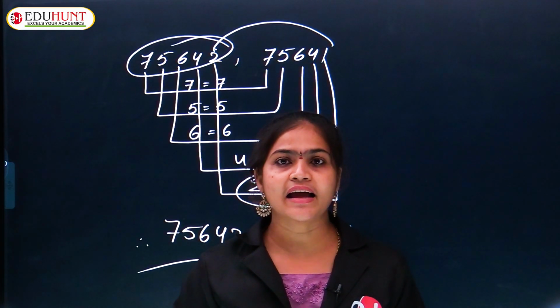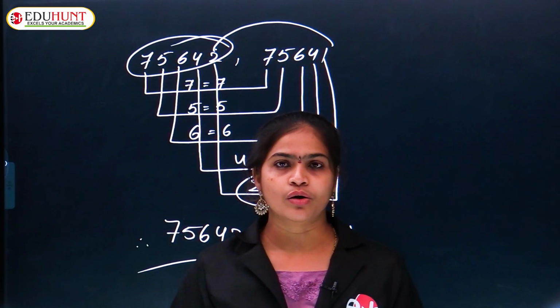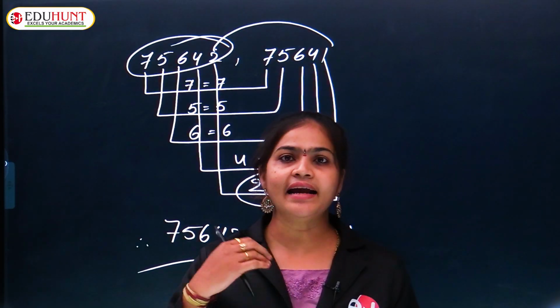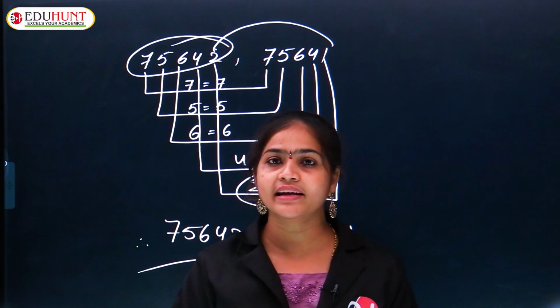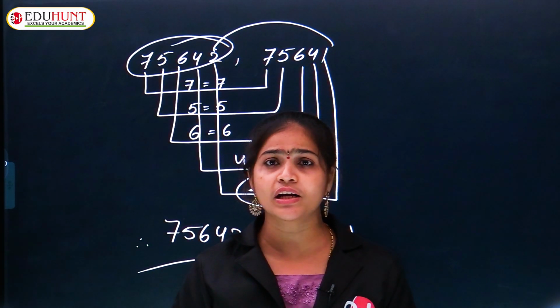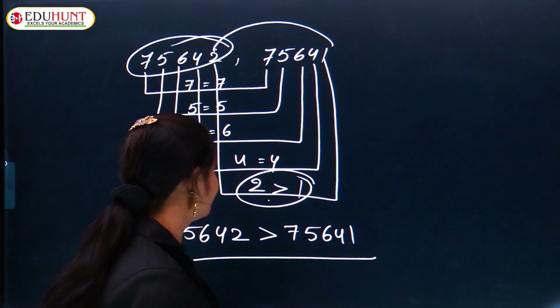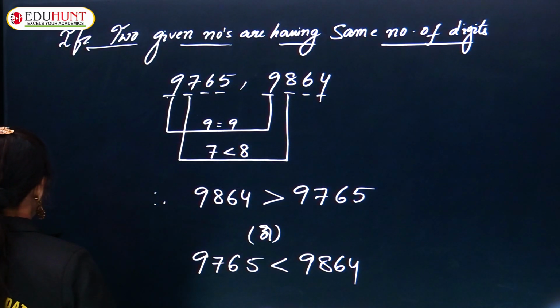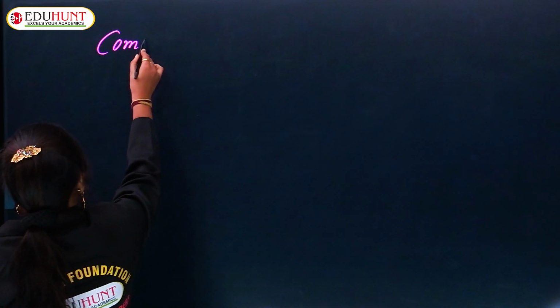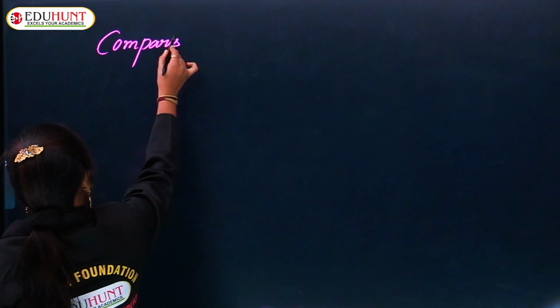After that we have ordering numbers. Here, comparison and in the same way ordering also. Ordering means we have two kinds. What are those? Ascending order and descending order. Let us see here. Comparison and ordering numbers.